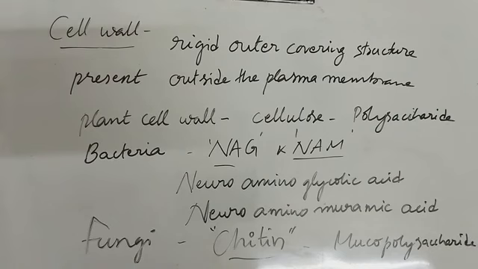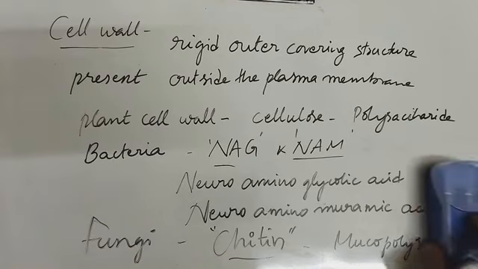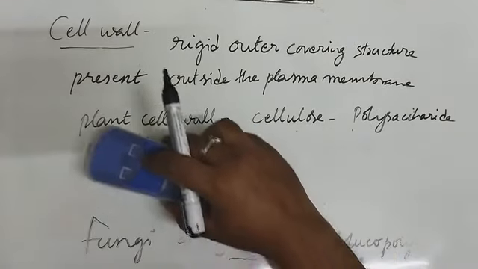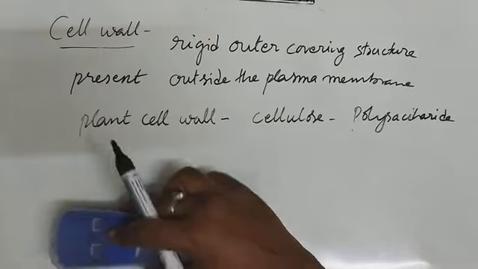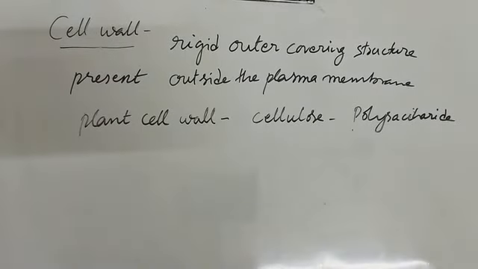This is how in different organisms, different carbohydrates are used in the construction of a cell wall. Let us discuss more about the plant cell wall. The bacterial and fungal cell wall compositions are a little extra material only, right?